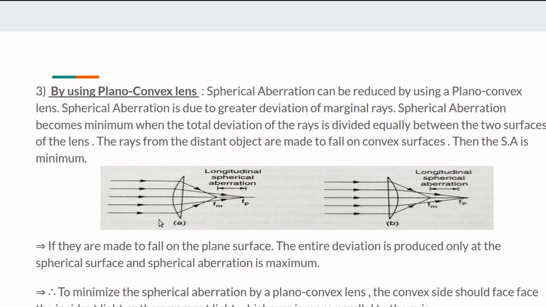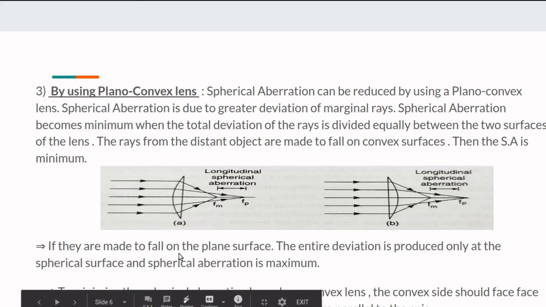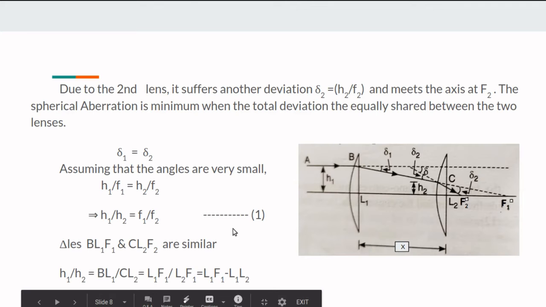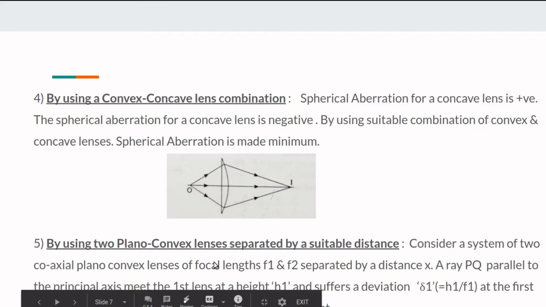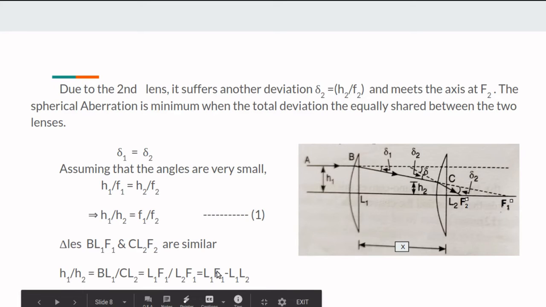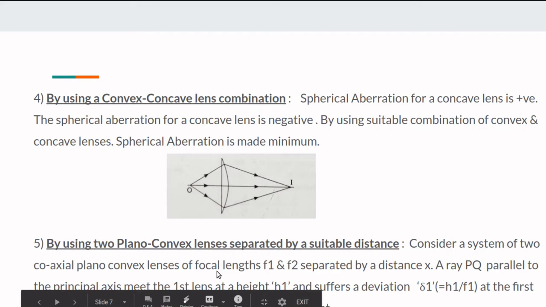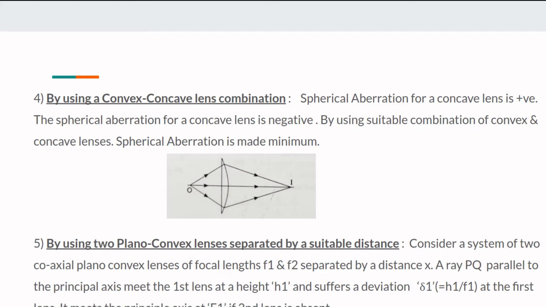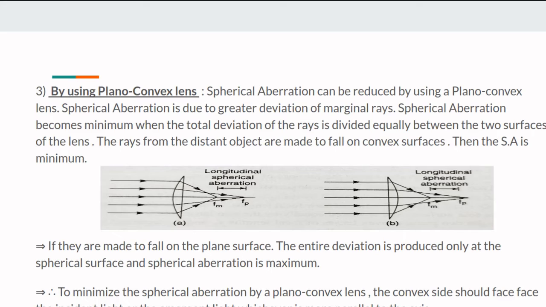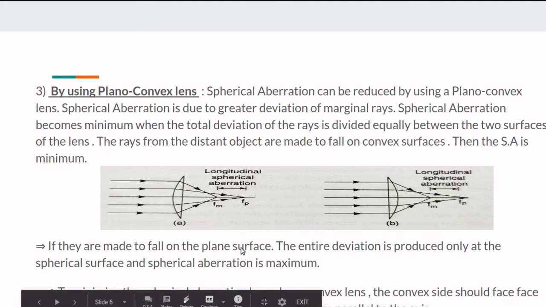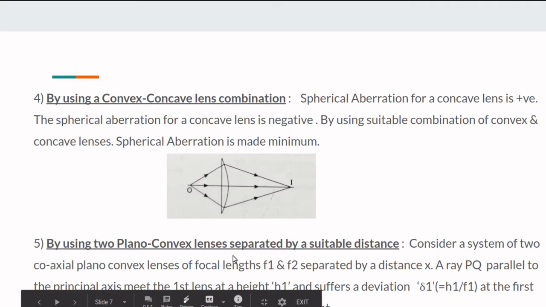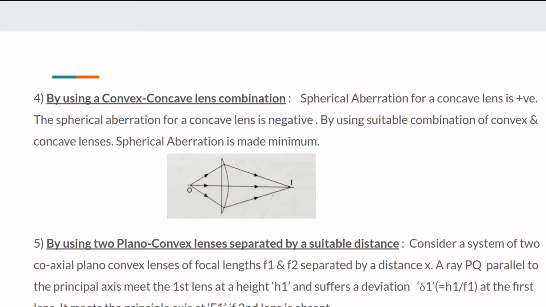Therefore, in order to decrease the spherical aberration, we have to use the plano-convex lens with the convex side towards the incident parallel rays. The next method is by using a convex and concave lens combination.